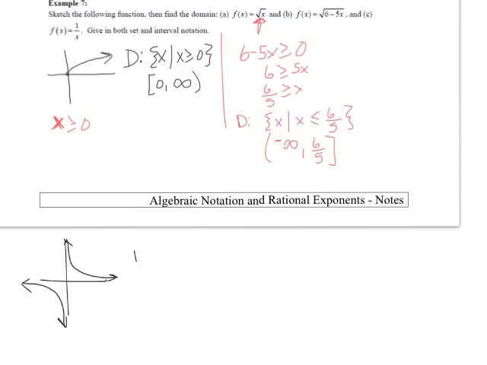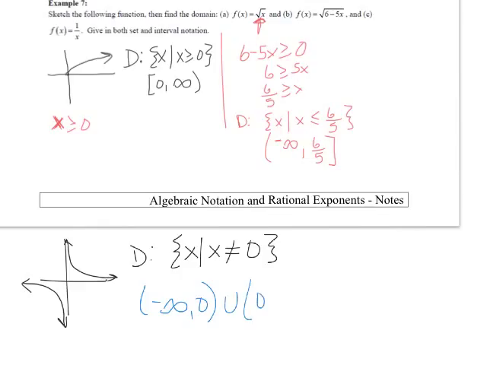So in this case, our domain is all x such that x doesn't equal 0. And if you were to write that in interval notation, you'd go from negative infinity to 0 or 0 to infinity. And in this case, I prefer the set notation.